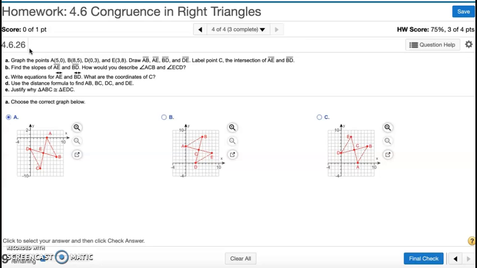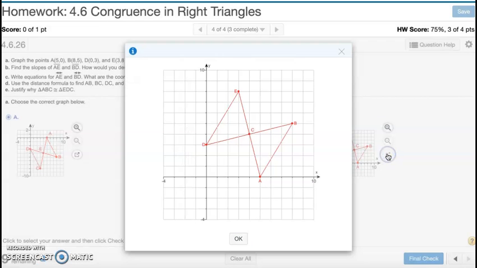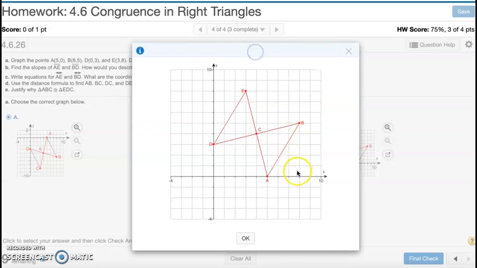Label point C the intersection of AE and BD. Looking at each of these graphs, the one that includes those points as the appropriate coordinates for them would be C. D is 0, 3, A is 5, 0, E is 3, 8, and B is 8, 5.